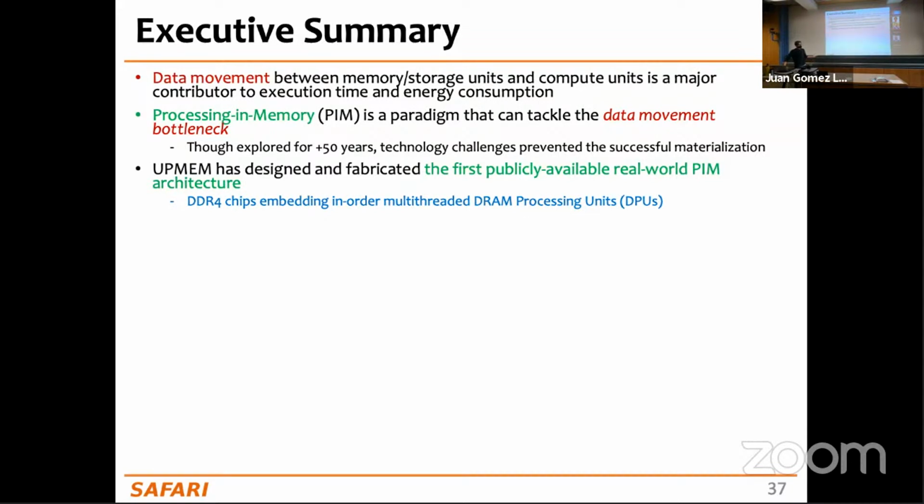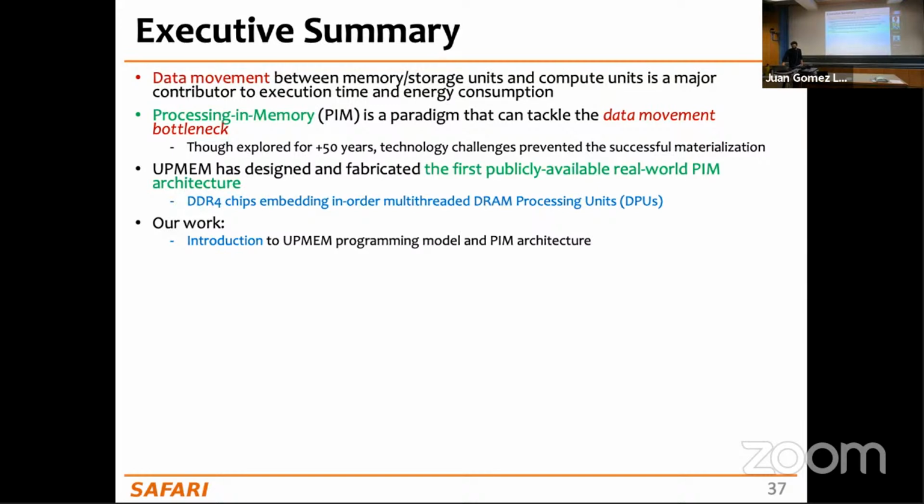It consists of DDR4 chips, as you just saw in a previous picture. And inside these chips, we don't only have DRAM subarrays, but we also have small processors that are called DRAM processing units, or DPUs. We are going to see how these DPUs work internally today.